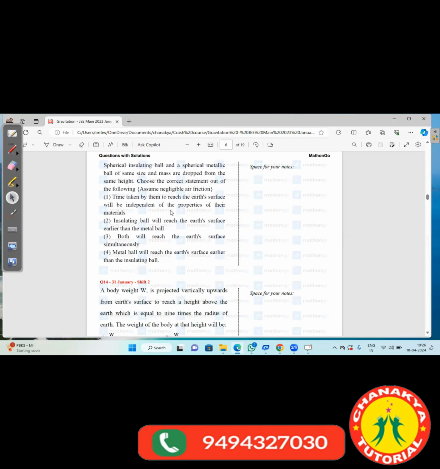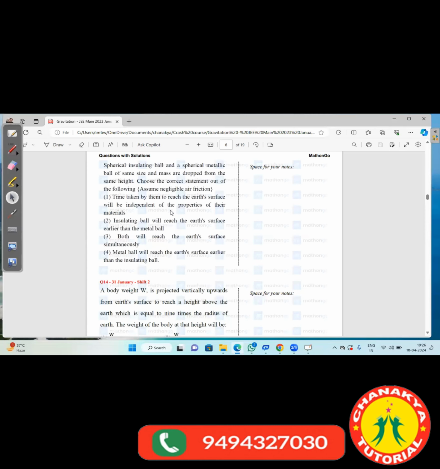False. Why? What difference will be there? See, they have given that there is no air friction.